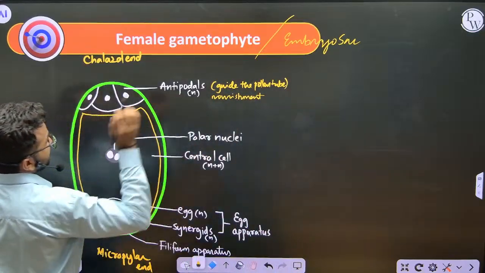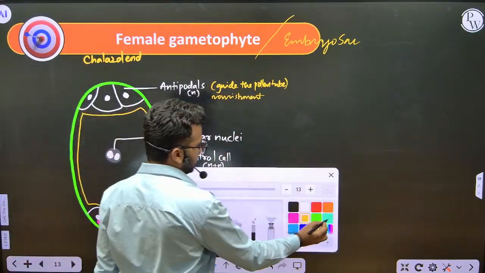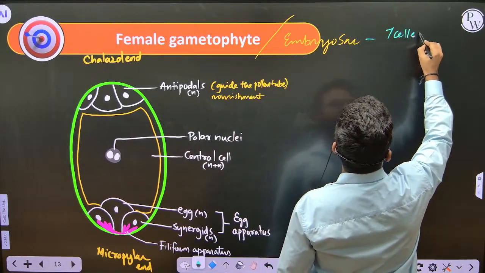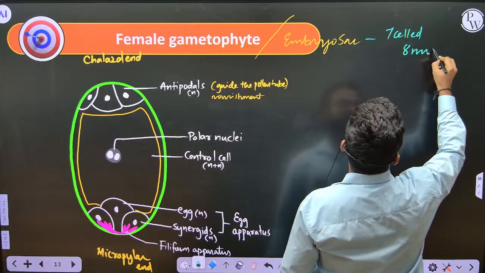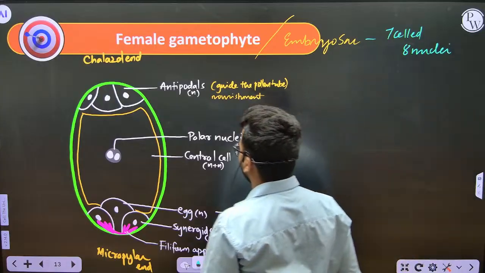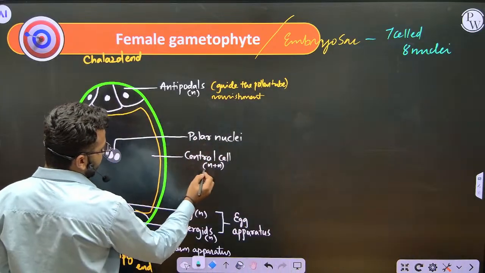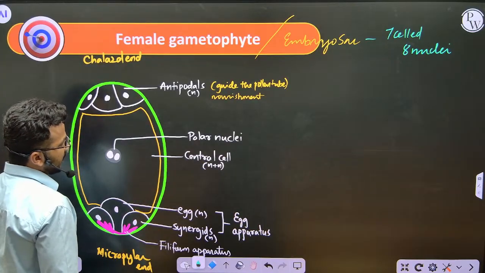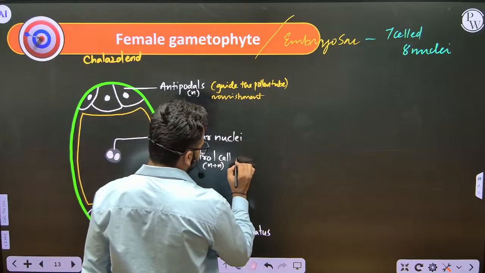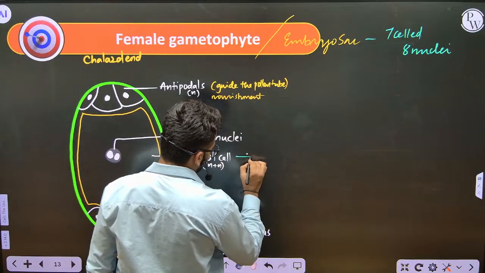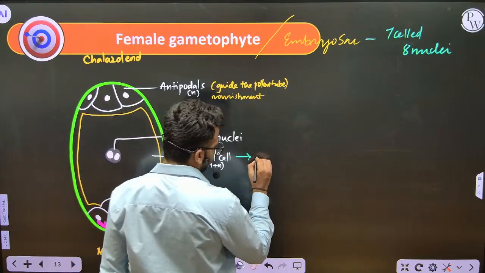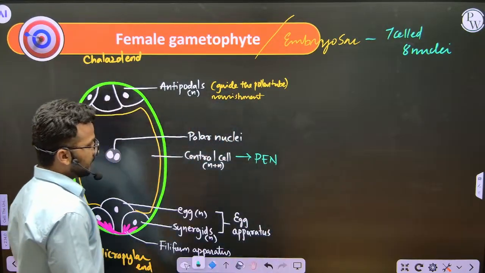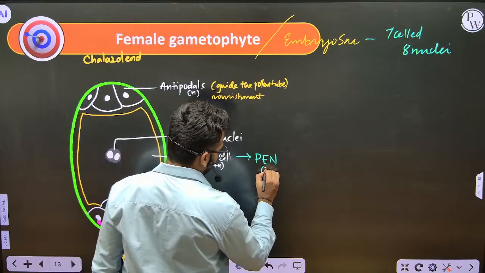So what is the condition of the embryo sac? It is 7-celled, 8-nucleate. The polar nuclei are in 2n plus n condition, and after fertilization this central cell is going to form the primary endosperm nucleus, which will be in a triploid condition.